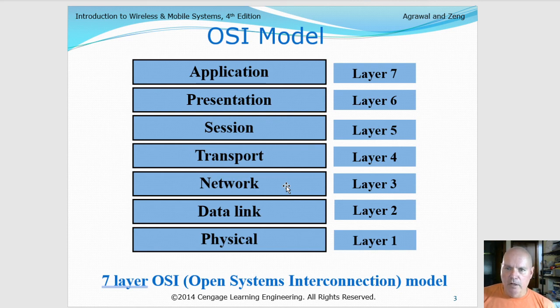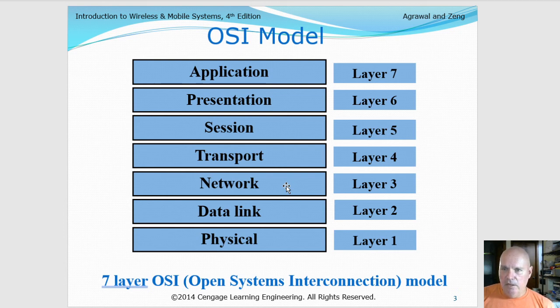The transport layer deals with different types of services that are provided. We have some transport services that provide error correction and flow control, and then others that don't.